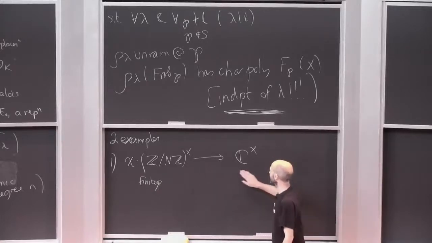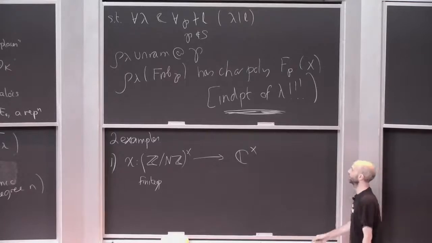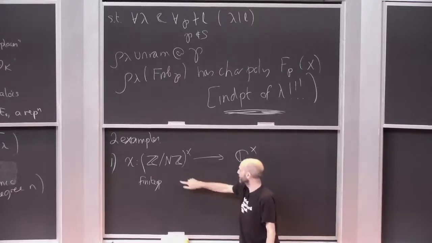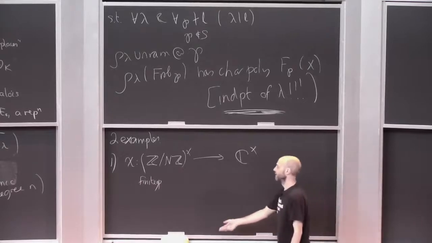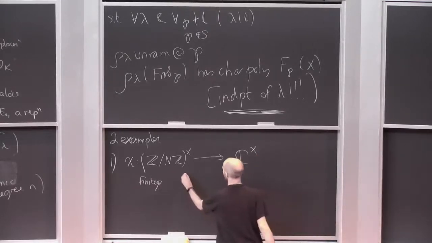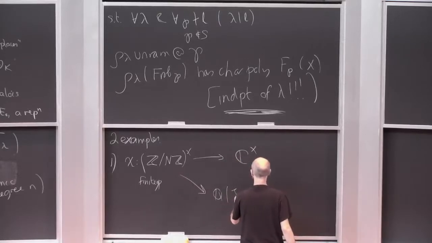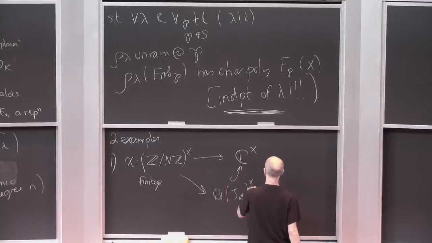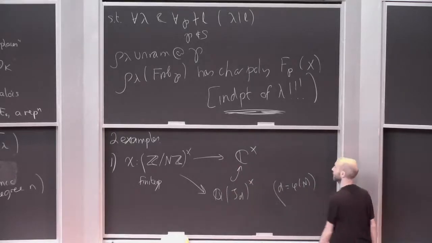So the image of this is contained in, it's just chi of some random number. It's just a d-th root of unity for some d, where d, whatever, is the Euler phi function of n or something. So this just factors through Q(zeta_d)*, where d is, if you like, the Euler phi function of n. That would work fine.